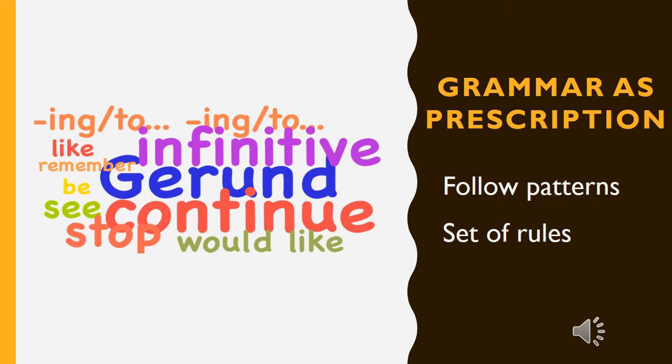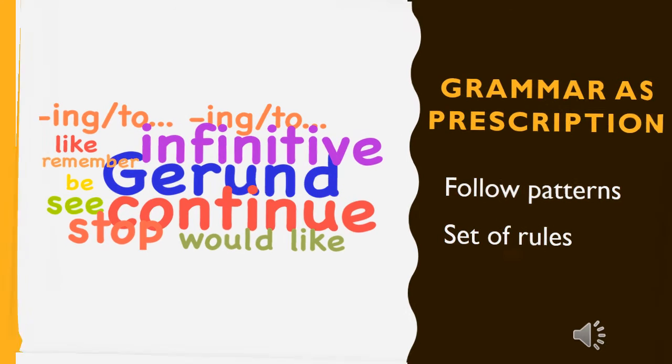Grammar as prescription also follows patterns. In other words, the rules. It is focused on meanings and the functions of every part in a sentence, and it emphasizes writing rather than speech.